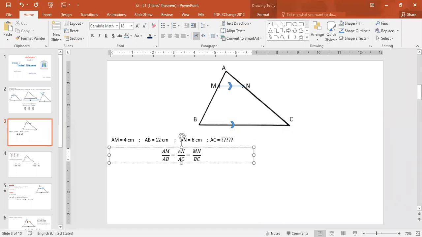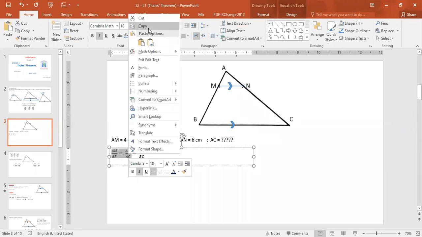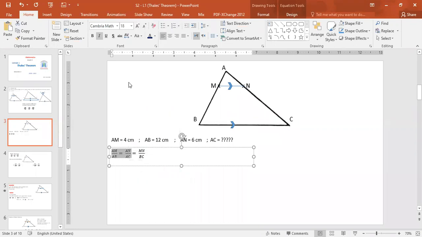No. So which two ratios can we use to find the measure of AC? The first and the second, right? Yes. Okay, now when we take the first and the second ratios, which are AM over AB equal AN over AC, here what should we do? We should replace each given one by its measure, okay, Mahdi?